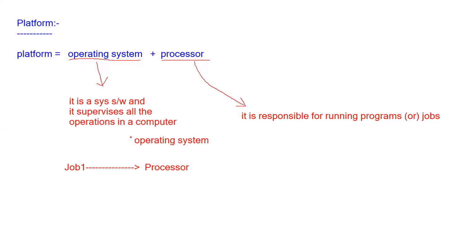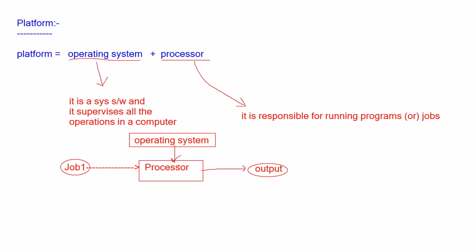It will always get the instructions from the operating system to process any job, and then it produces output. You can assume a job as a program that is executed by the processor, and then it will produce the output.